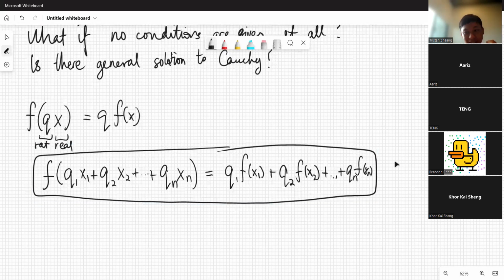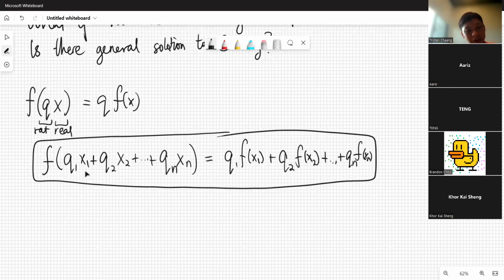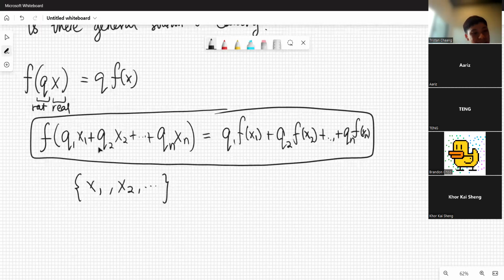And someone gave an idea just now, I forgot who, but someone said, can we just assign a new number to f(pi)? And here is what we're going to do. So first of all, can we have some set of real numbers, let's say x1, x2, dot, dot, dot, so that every real number can be uniquely written.